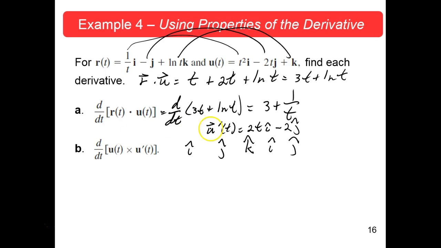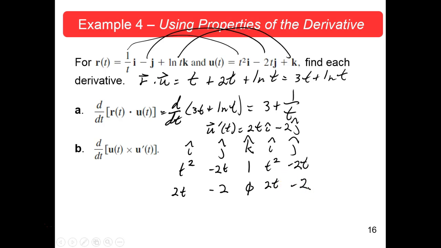You write the first one that's listed next, and that would be t squared, minus 2t, 1, and then repeat the first two, t squared, minus 2t. Done. Now cross it with your u prime, which we just wrote, which is 2t, minus 2, 0, and repeat the 2t and the minus 2.